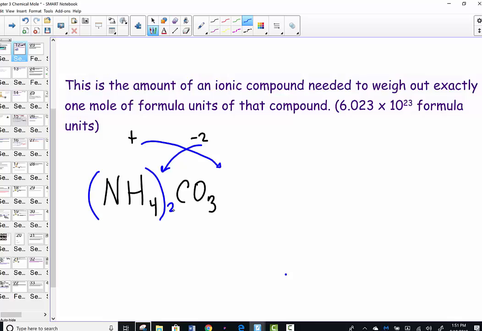Ammonium carbonate built of 2 polyatomic ions. I crisscross charges. In order to take groups of polyatomics, we have to put it inside a parenthesis and the subscript outside. So now, with the next new part of our lesson, we're trying to calculate how much would I weigh out to get 1 whole mole of that compound.